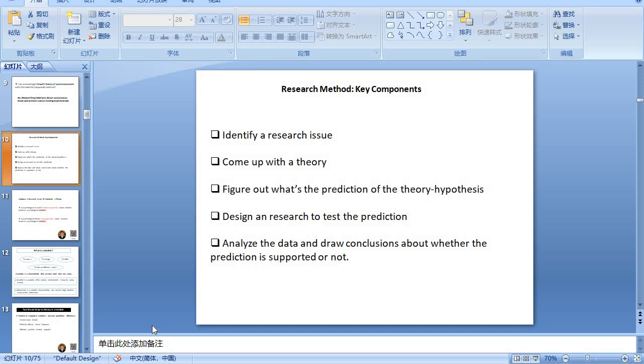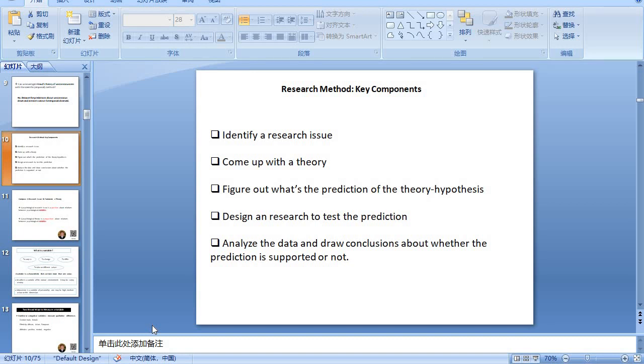Once you have figured out a specific prediction, a hypothesis, you know how to make observations. Based on your predictions, you will be able to design a research to test your theory, to test your hypothesis.